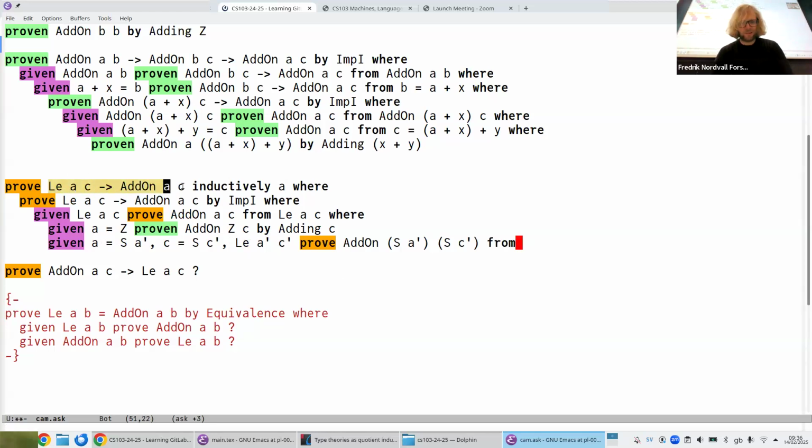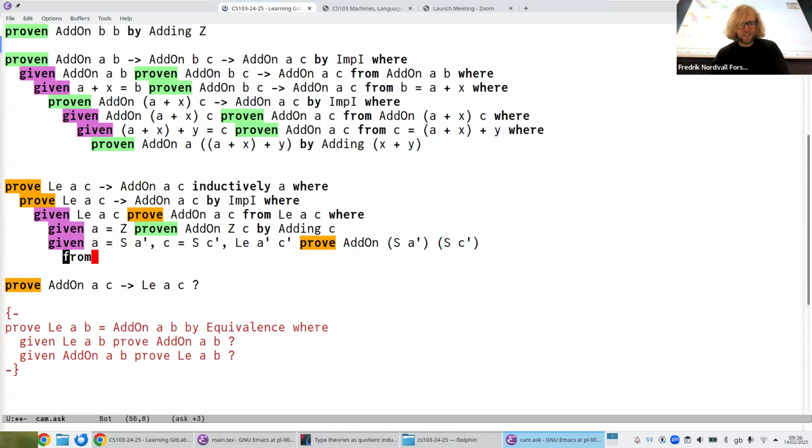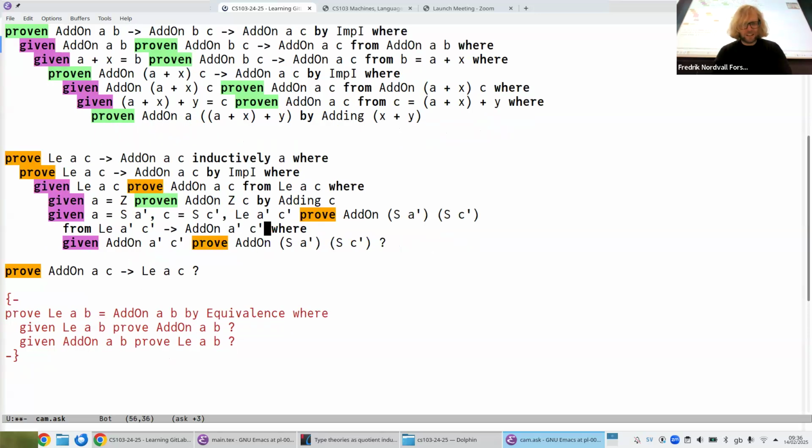I copy all of this on the new line, and then I make sure to change these to the smaller things that I care about. Okay, try that. So Ask has given us the conclusion because we have done induction on A. So now we know that there is something we can add to A prime to get C prime.